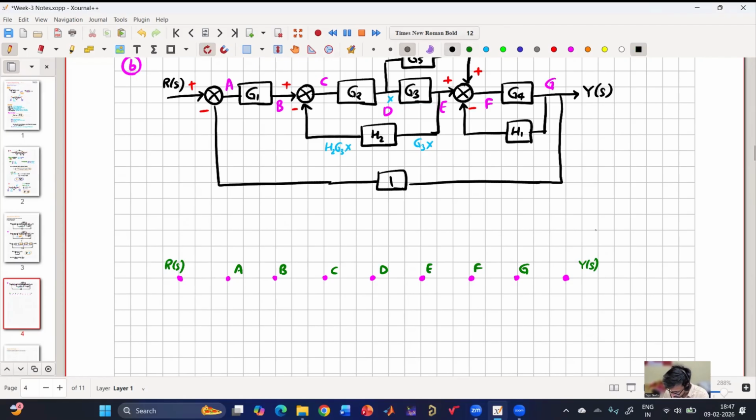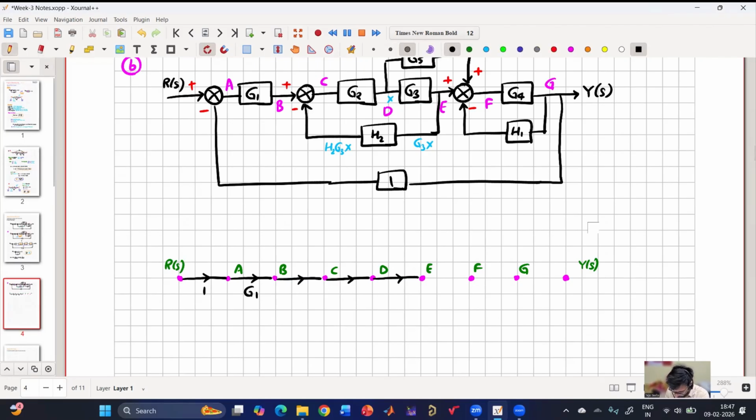So from R of S to A, we have a gain of 1. A to B, we have gain of G1. Then we have G2, then we have G3, then we have again gain 1 because it's a summer block. Then from E to F, wait, I think I have messed up a little bit.